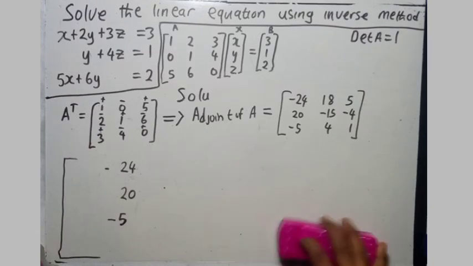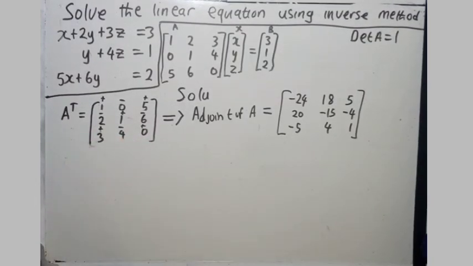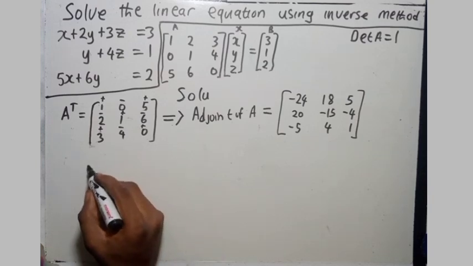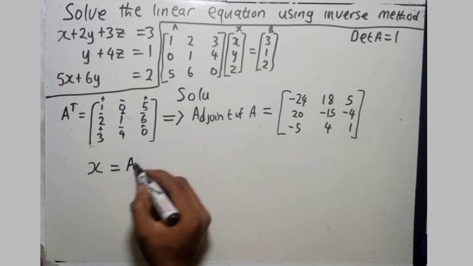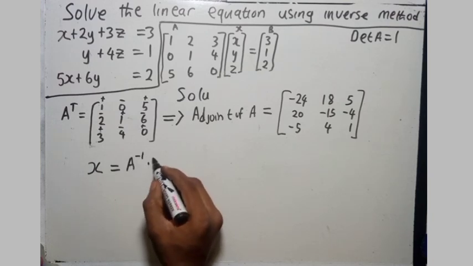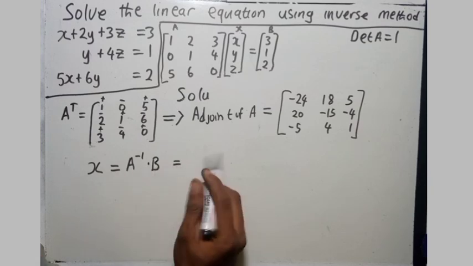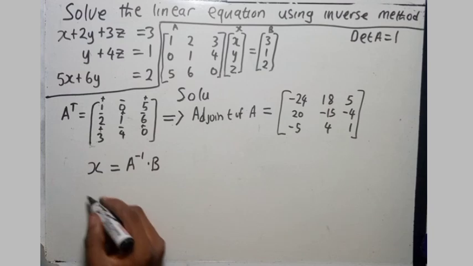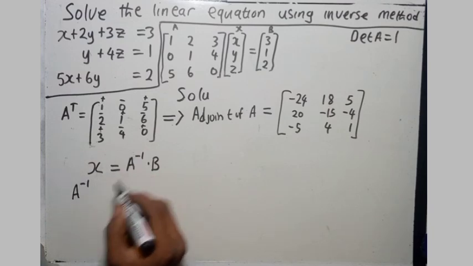Now we have gotten our adjoints, so now we are good to go. So using that same formula, which is x is equal to A inverse, A raised to power minus 1 times B, and we say that this is also the same thing as what. So let us get what A raised to power minus 1 will be.